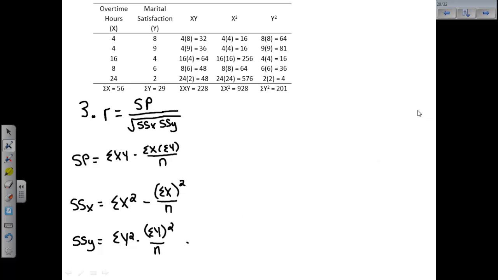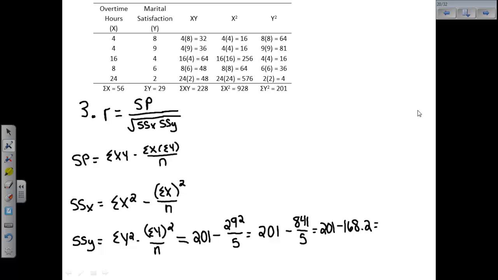All right, let's start with the bottom and work our way up. So sum of y squared is 201 minus sum of y, 29 squared divided by 5. So this becomes 201 minus 841 divided by 5, which becomes 201 minus 168.2.